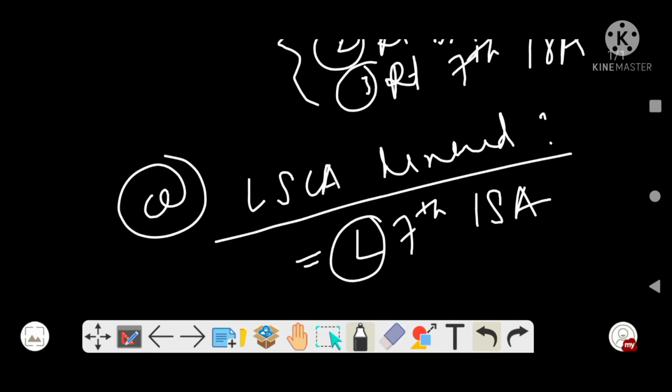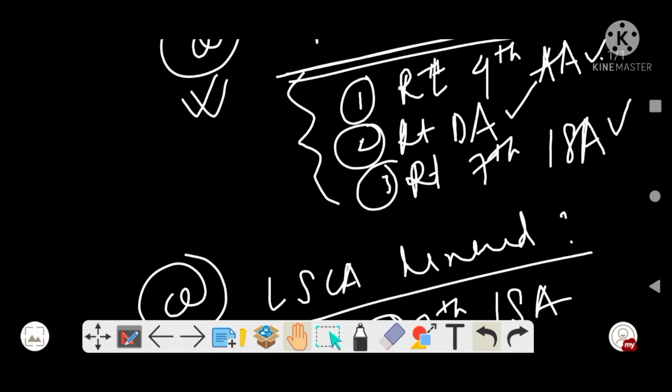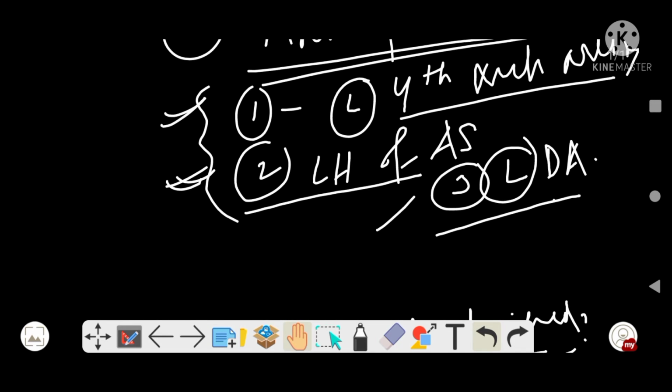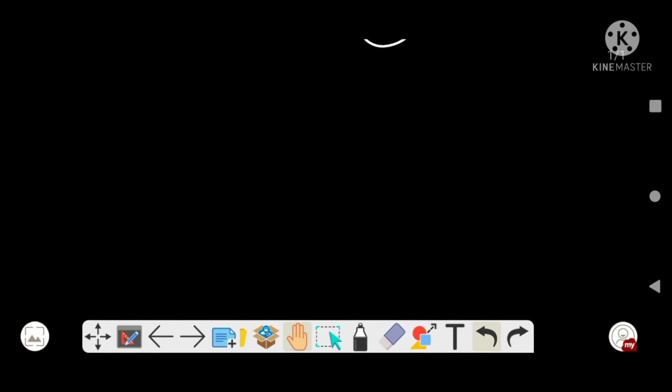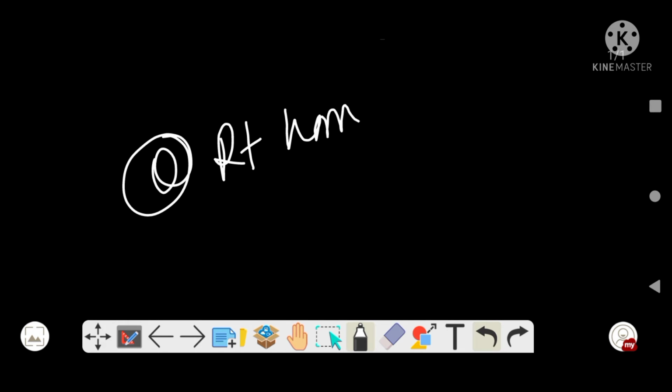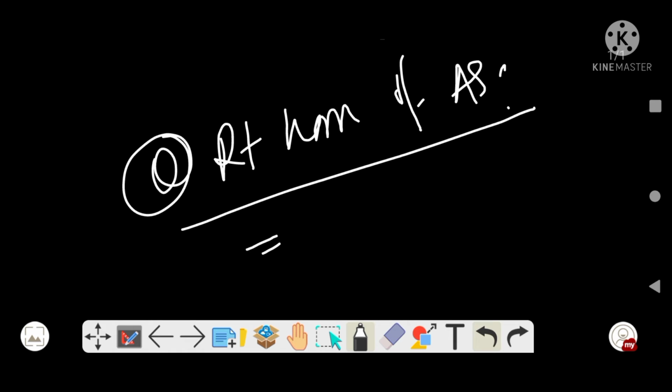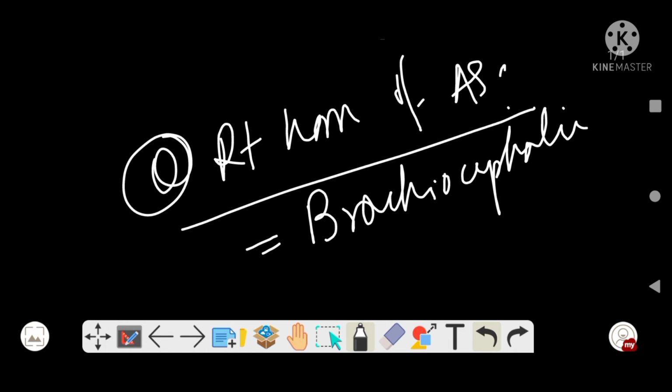Now I have already discussed that from left horn of aortic sac, arch of aorta is derived. Now what is derived from right horn of aortic sac? That was also the question. The answer is, correct, brachiocephalic trunk.